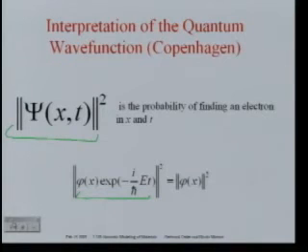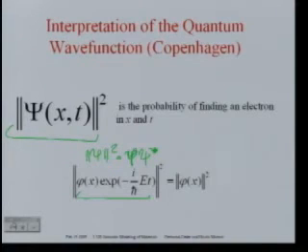Basically, when you take the square modulus of psi, that can also be written as psi times its complex conjugate. What you have is that the term exponential of minus i over h gets multiplied by its complex conjugate, the exponential of plus i over h, and those terms cancel out.